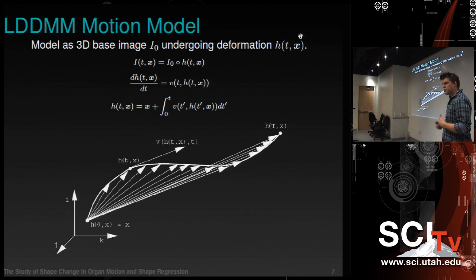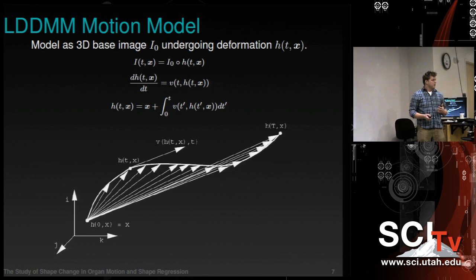For our purposes, we're going to model the motion of the actual organs during the scan. And what we use is a commonly used model in image registration now called LDDMM, where we model the flow, the time change of a deformation via flow along these velocity fields.